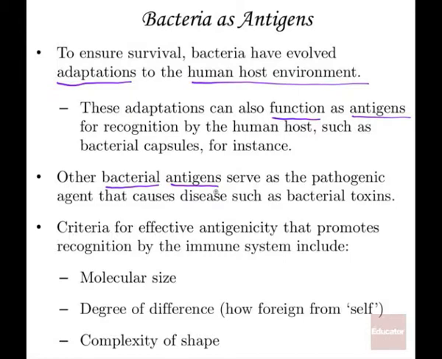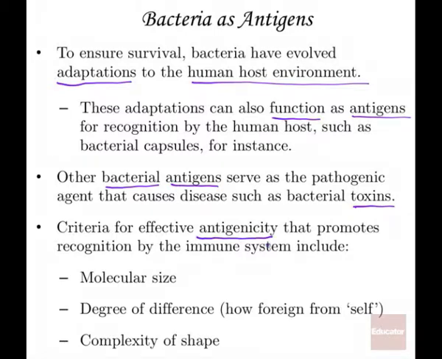So, for instance, we have some antigens that are basically toxins that are secreted by the bacteria, and the human host has developed antibodies against these toxins. So that's another example of how different parts of bacteria can serve as antigens. Now, remember, there's a very important principle about what enables the immune system to recognize an antigen.